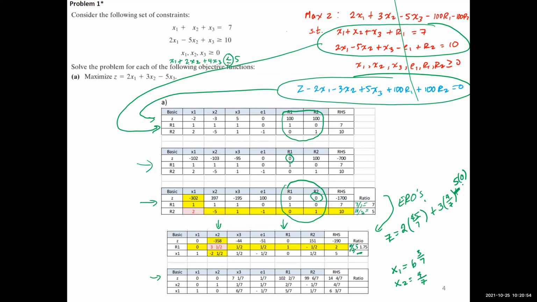So the solution should be equal to 90/7 plus 21/7. If my numbers are correct, this will be 115/7.